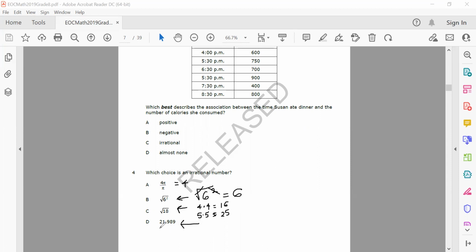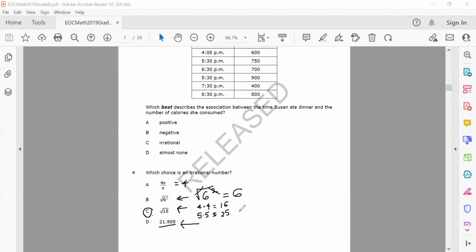Answer choice D is a number that basically stops. It is rational. We see 989, and no other numbers are after the decimal point. So we know answer choice D is a rational number. Therefore, we're only left with trying to figure out answer choice C, and that will be our answer.